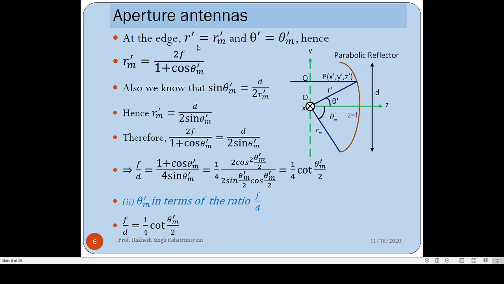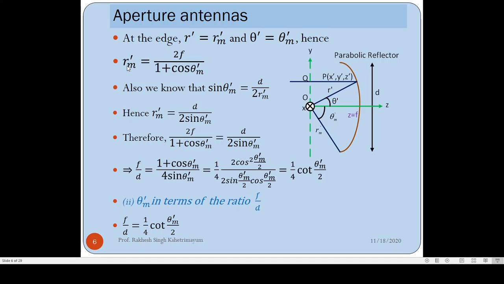See, basically at the edge of the rim of the parabolic reflector antenna, what do you have? Rm dash. This is the distance between the feed antenna and the edge of the rim of the parabolic reflector antenna, and the angle here is theta m dash, the maximum value of theta dash.